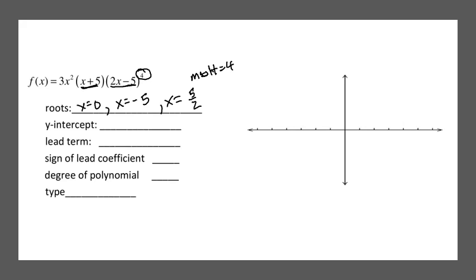For x plus 5, it has a multiplicity of 1. And for x equals 0, it has a multiplicity of 2.